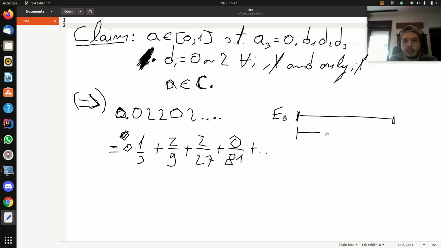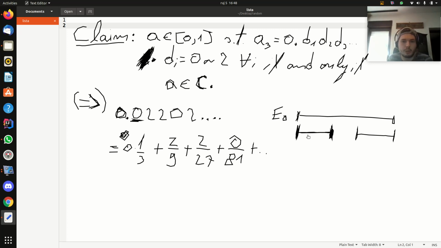And look what happens every time we pick a digit. We pick the next digit, it being 0 or 2. If we pick 0 as the first digit, that means that our number cannot possibly be bigger than 1/3.